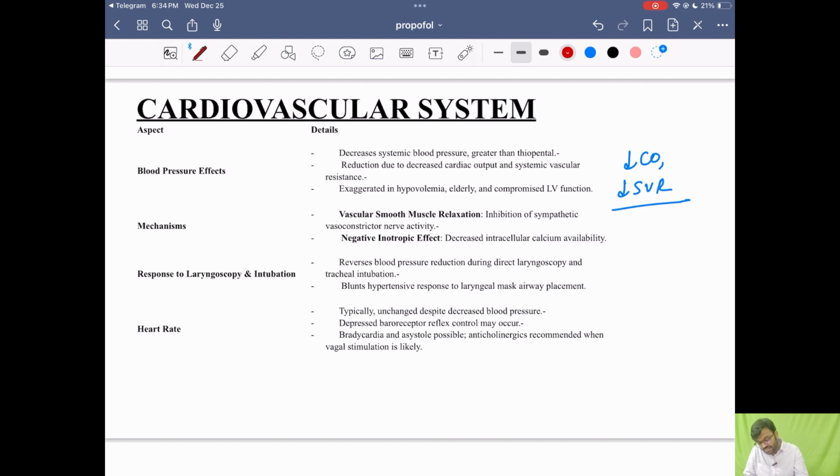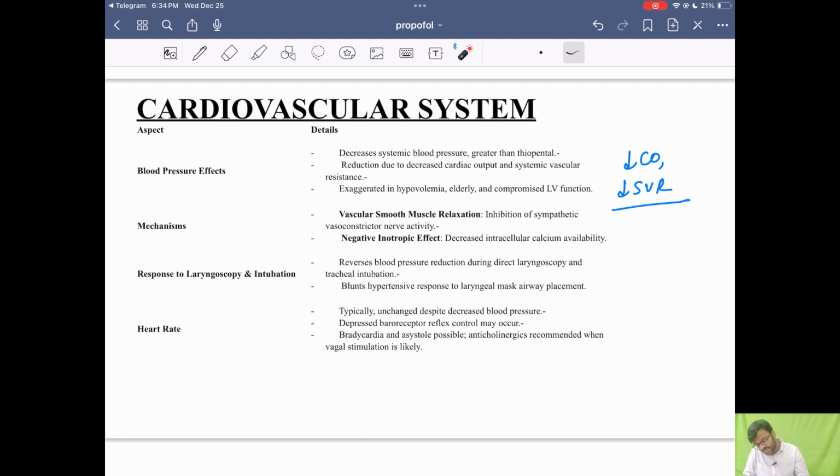It blunts the hypertensive response during direct laryngoscopy and tracheal intubation, and also when you put LMAs, it blunts the pharyngeal responses. So it is a very good drug for that.